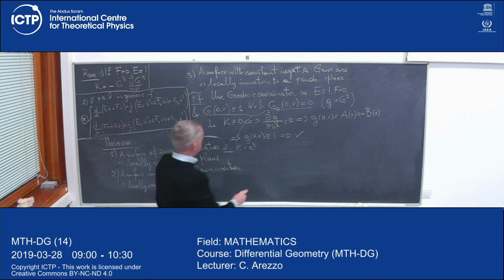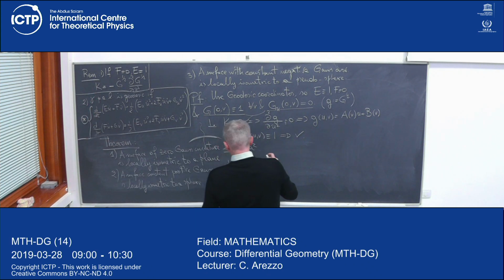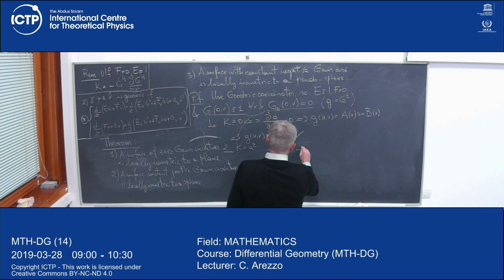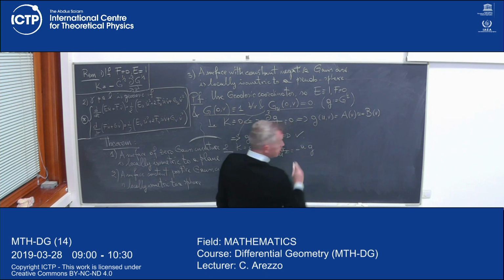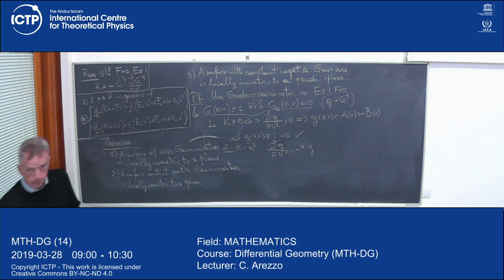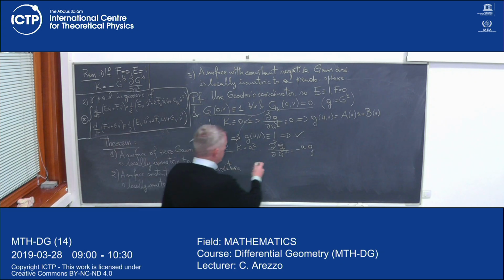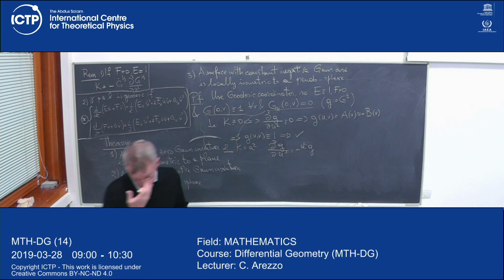I would prefer to write it as the second derivative of little g in u squared equal to minus a squared g. I just said that it's squared.